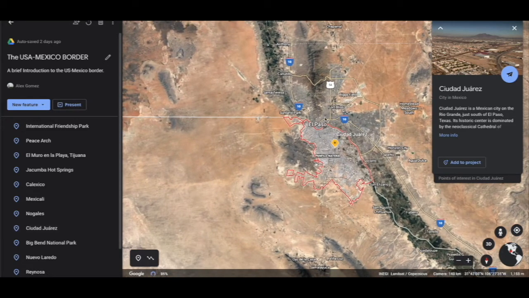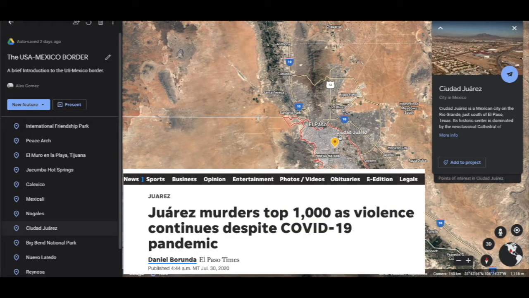It's one of the biggest problems that we have to deal with at the border, and that is the smuggling of drugs. You see that in the news, you see that in movies, and El Paso and Ciudad Juarez became so controversial. There was one point when Ciudad Juarez was labeled as the most dangerous city in the world because of the high crime due to the cartels.